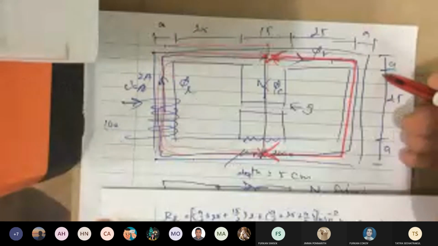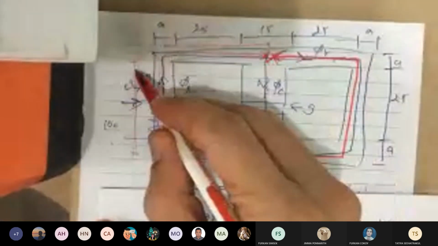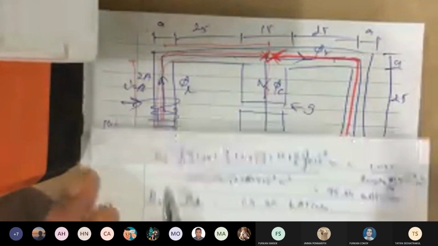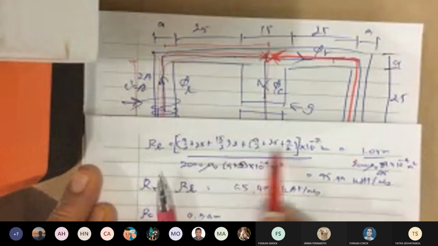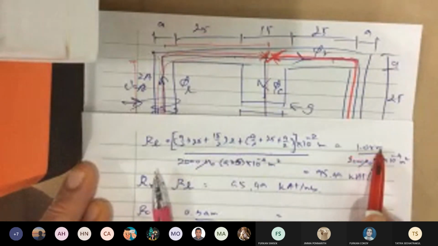And then on the right edges, again 9, so it's here to here, which is 9 divided by 2 plus 25 plus 9 divided by 2. I added that, and remember these are in centimeters. You do this, you should get 1.08 meter.